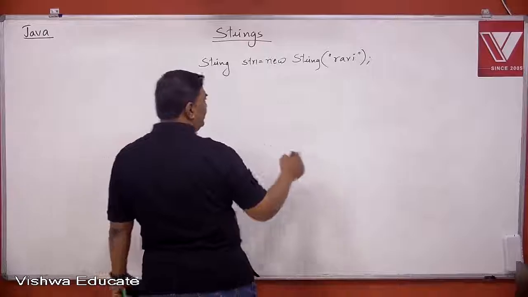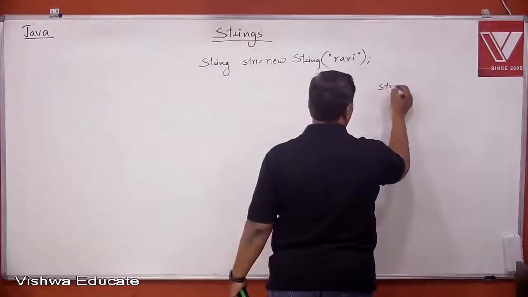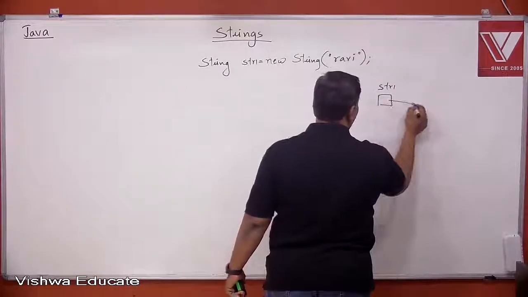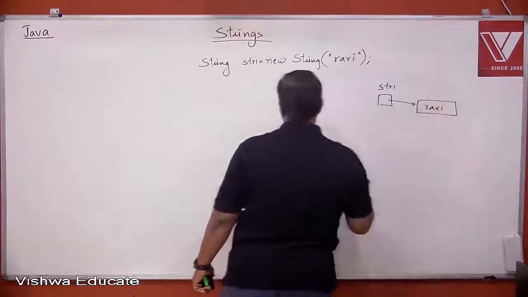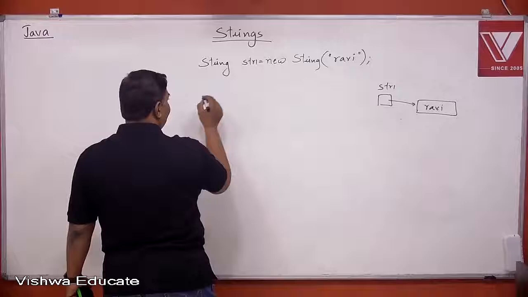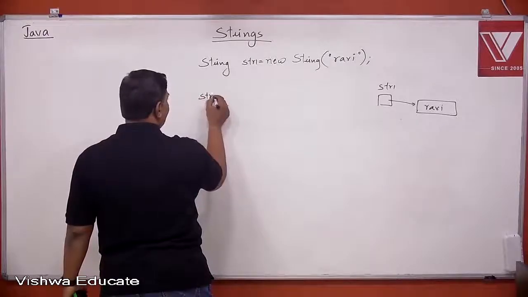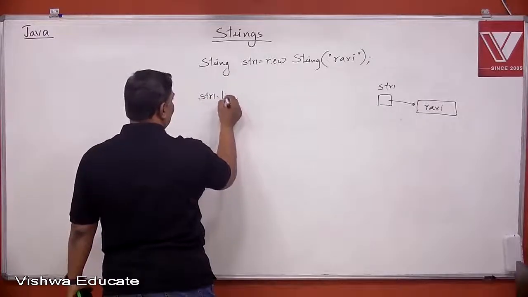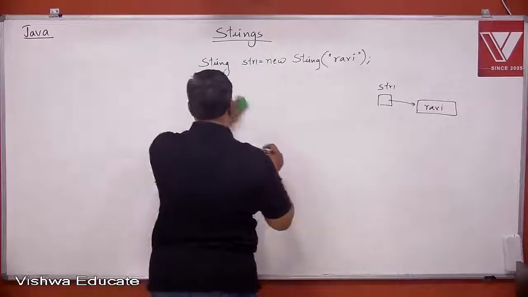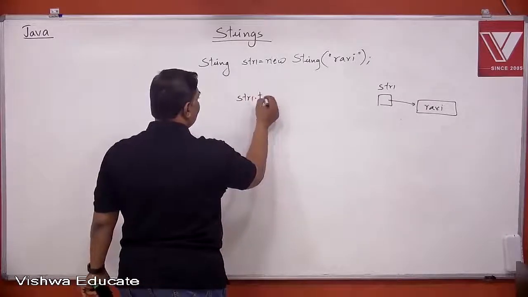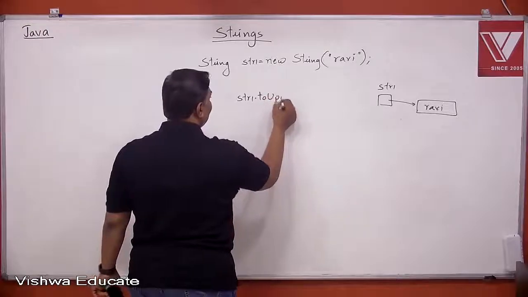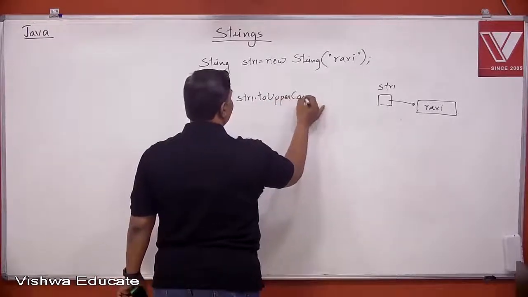Then this is an object. So str1 is pointing on the object, that is Ravi.